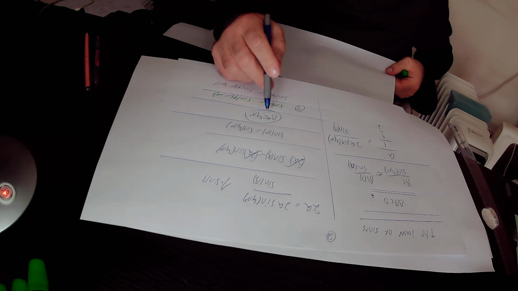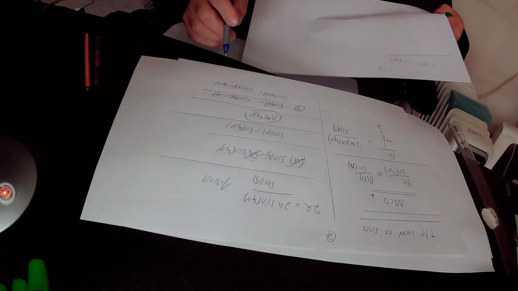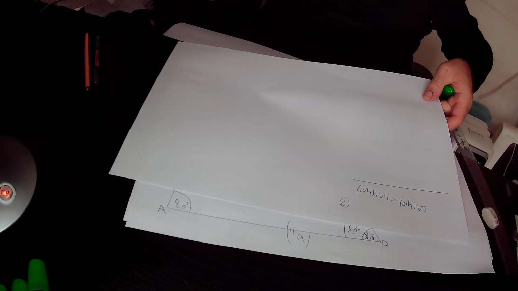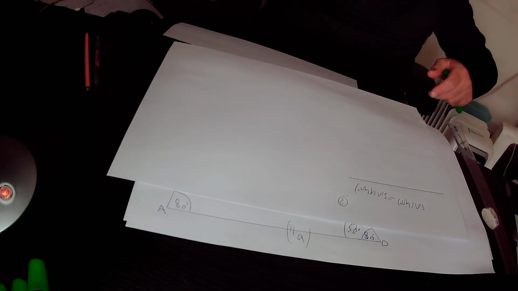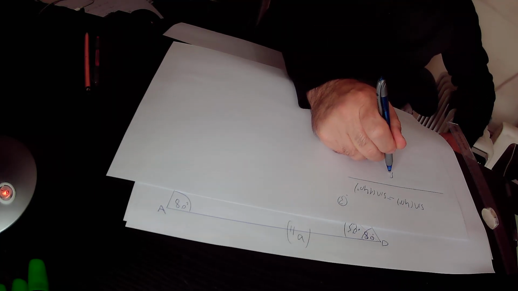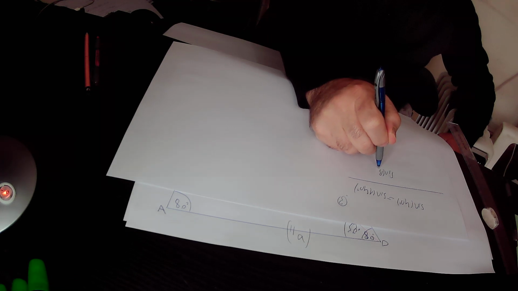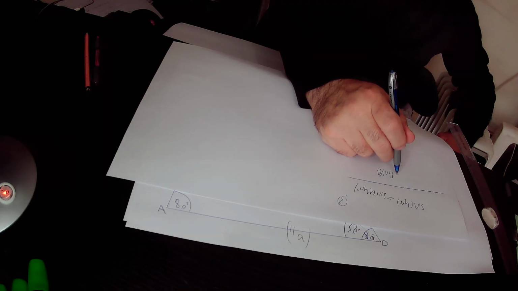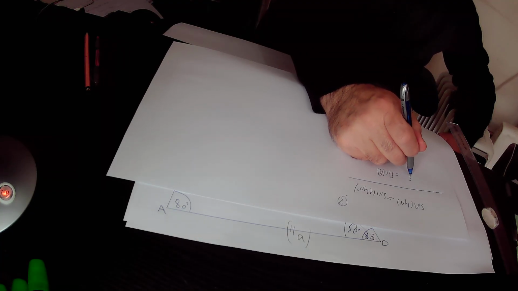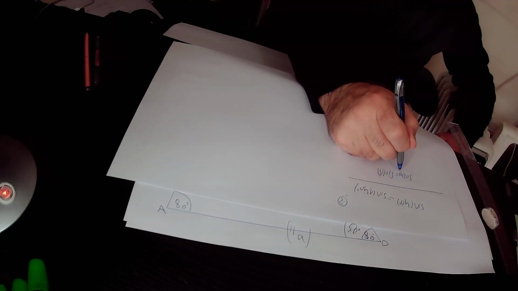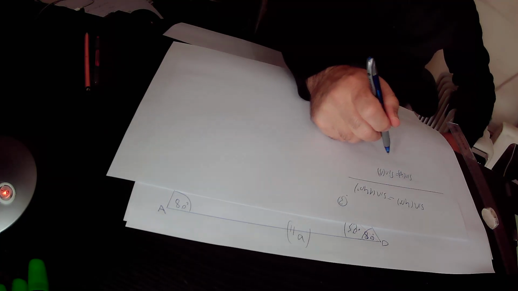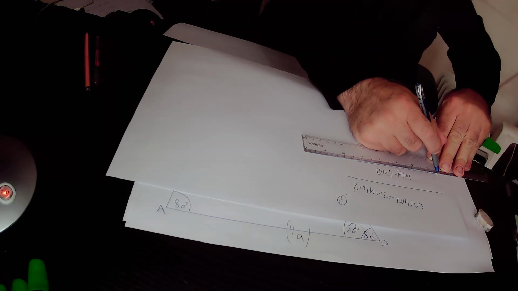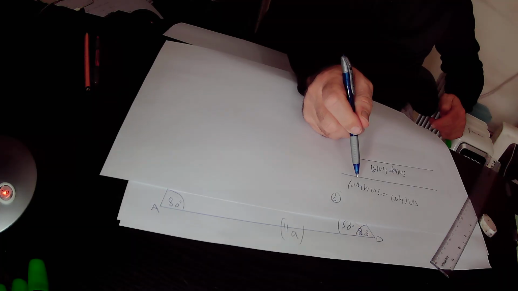But we already found out that sinus beta equals sinus 40 degrees, or sinus 40 degrees equals sinus beta. And we just found out that sinus 40 degrees equals sinus 140 degrees.